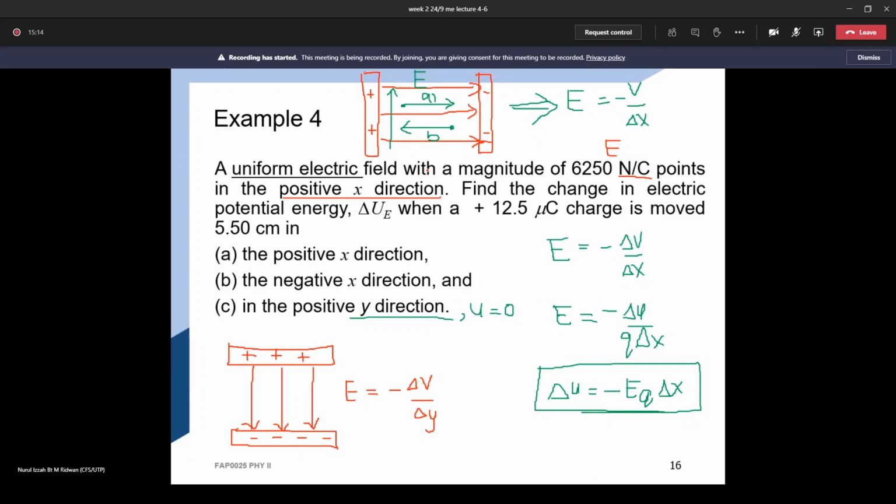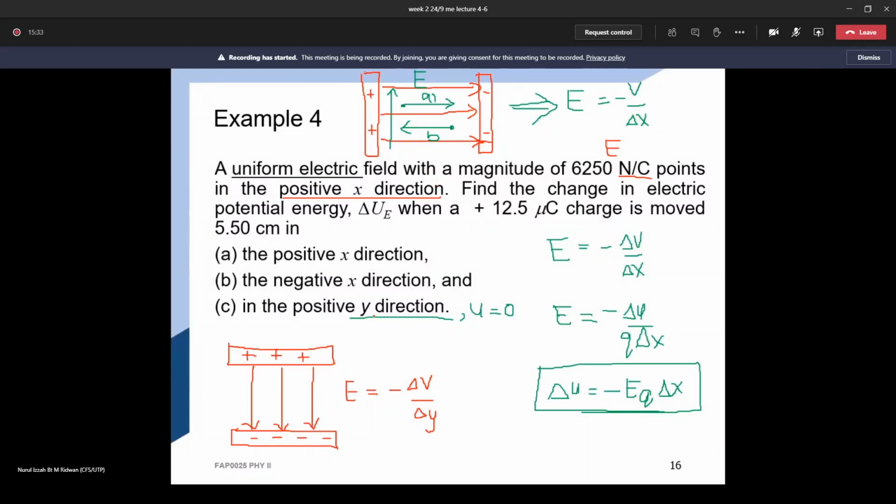If the charge is moving vertically, the x distance from the plates is maintained. When there is no change in x, there is no change in potential difference.